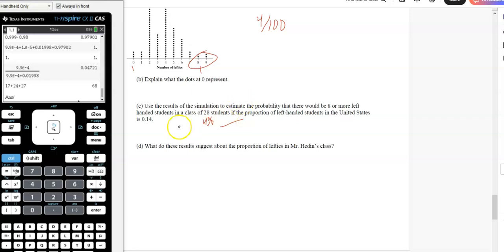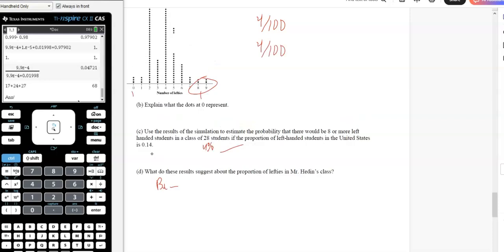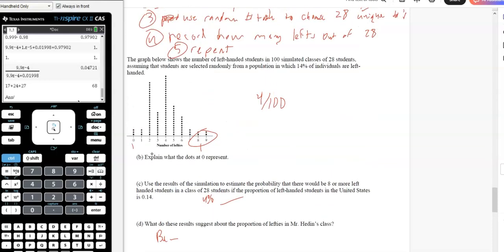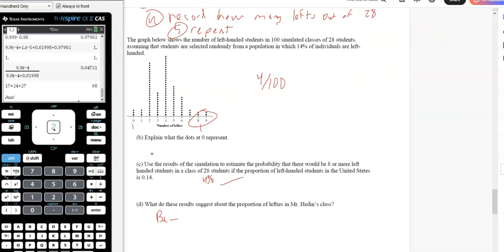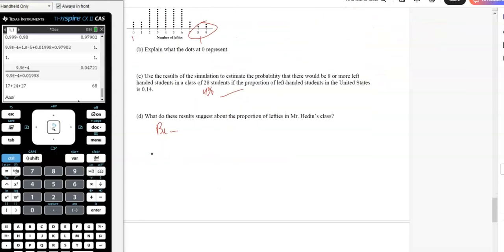Because you get those 4. What do these results suggest about the proportion of lefties in Mr. Heath's class? Because the result was so improbable, less than 5%, a 4% chance of happening by chance, we think that... I don't know that we're saying he lied.